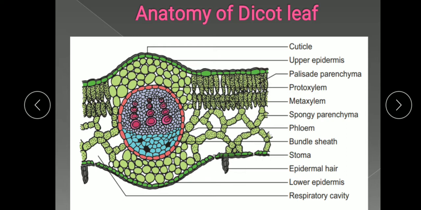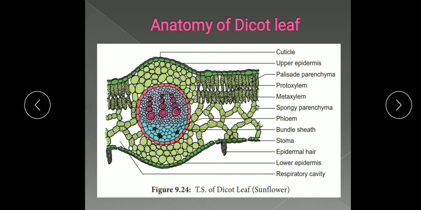But here the bundle sheath is also made up of parenchyma, and sometimes the patches above and below the vascular bundle may be parenchyma or collenchyma, whereas in monocot leaf the patches of bundle sheath cells above and below are made of sclerenchyma. So this is the anatomy of the dicot leaf.